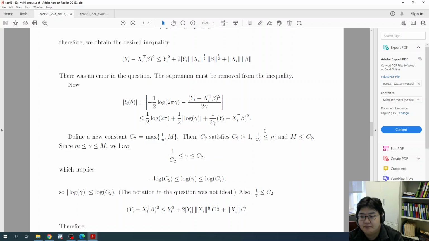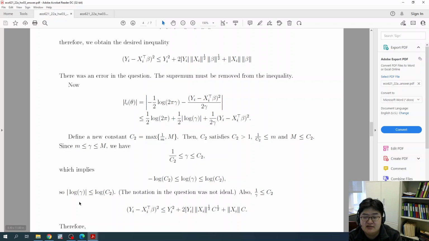And you have this and this, and therefore we want to rewrite gamma this way. Bound gamma from below and from above using only one constant. This will be more convenient when you take the log. Take the log, then the log of gamma is bounded from both sides by the same constant, the log of the same constant.